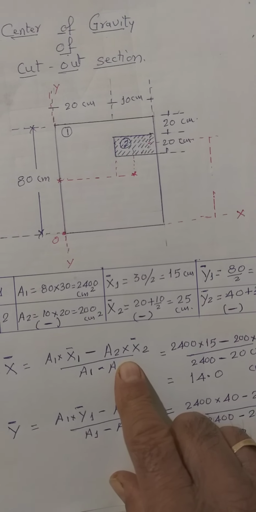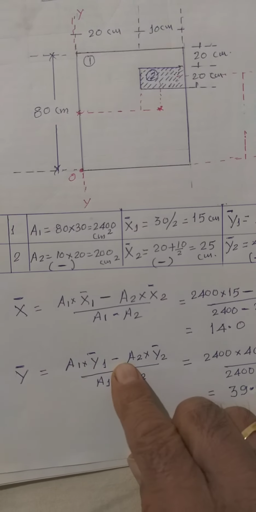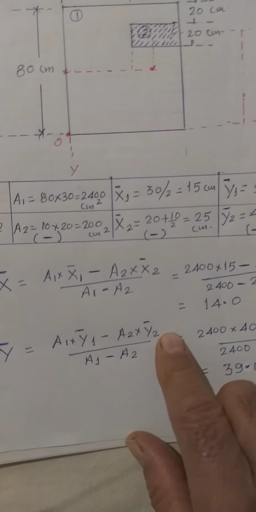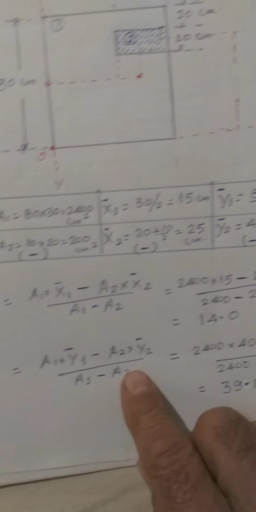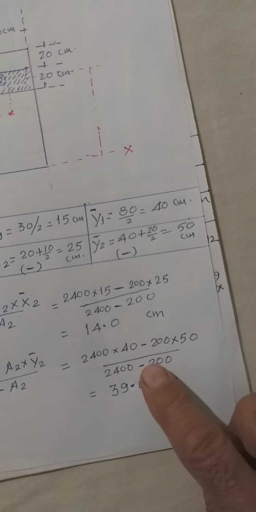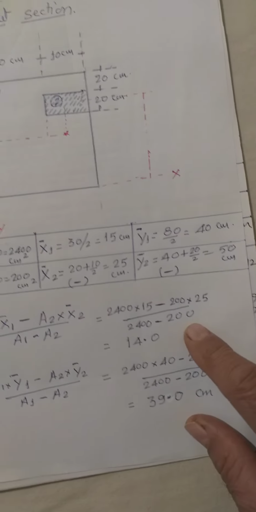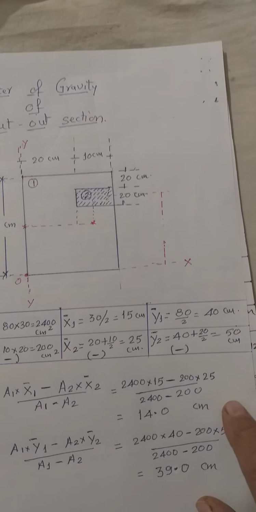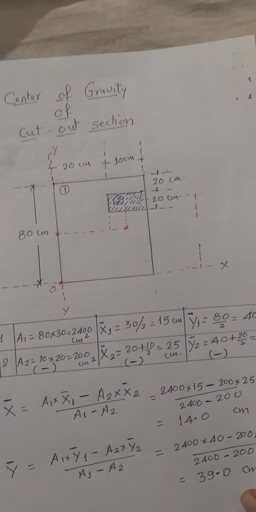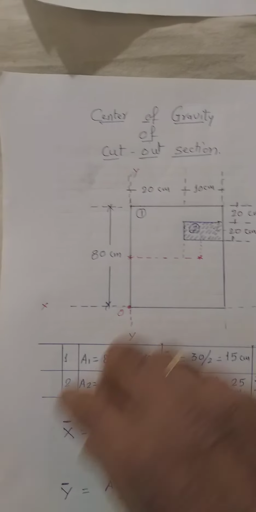Similarly, y bar is equal to (A1 y bar 1 minus A2 y bar 2) upon (A1 minus A2). Here also I put a minus sign, and that will give the value of the CG of the section when some portion has been cut out and thrown away.